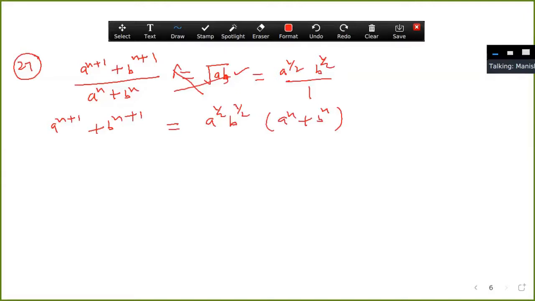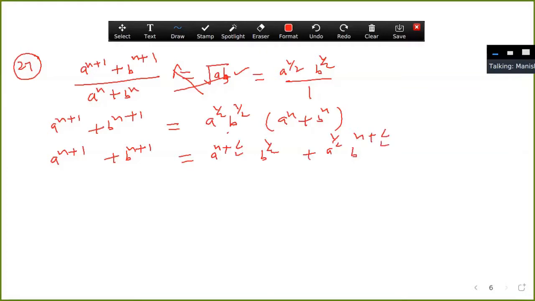What you will get? This is a to the power n plus 1 plus b to the power n plus 1 is equal to, multiply this by a to the power half b to the power half. What you will get? A to the power n plus half and b to the power half plus a to the power half and b to the power n plus half.